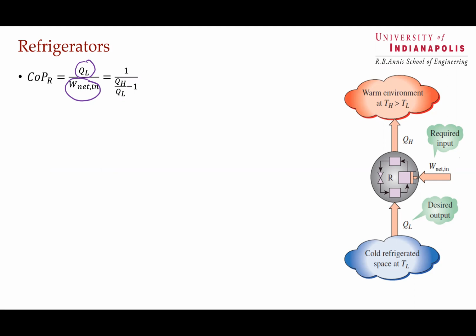That's why we need a work input, right? Work input is required to make this process happen. Otherwise, there's no way that we can transfer heat from a lower thermal reservoir to a higher thermal reservoir. Heat transfer wouldn't take place spontaneously. It requires a device and a work input. So that's why the coefficient of performance is defined like that.